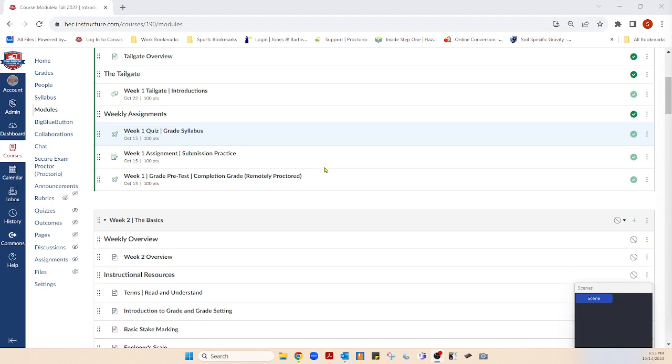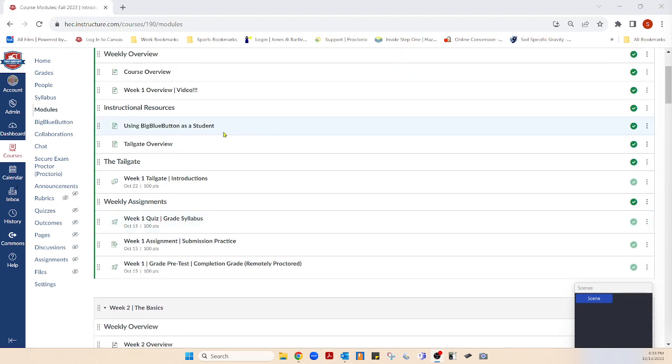Each week we'll probably have one or two videos, and I hope to get in a Canvas Big Blue Button. So if you haven't looked at that, that's instructions on how to use Big Blue Button. It's just like Zoom. If you've done a Zoom, it's basically the same. So we may need to have one of those as we move forward.